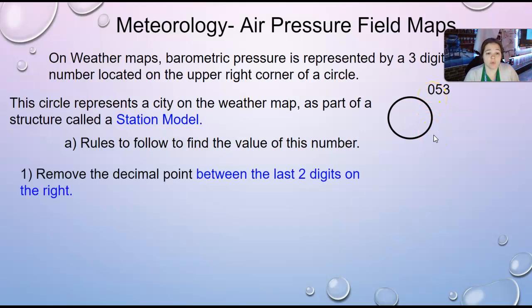So the first thing we're going to do is say we have a map like we just saw on the previous slide, and we're going to use the same example I used earlier with the isobar lines.